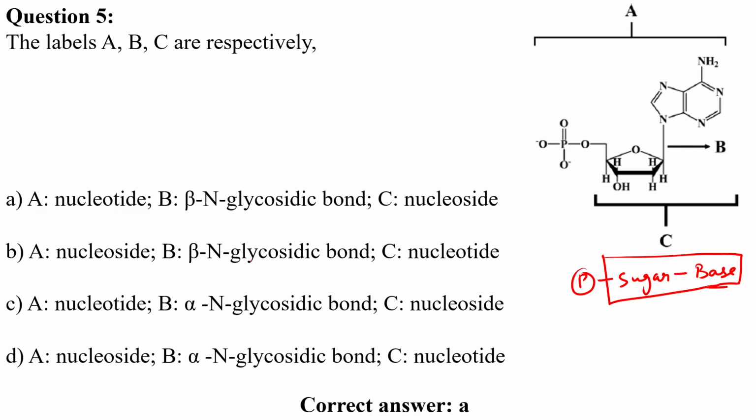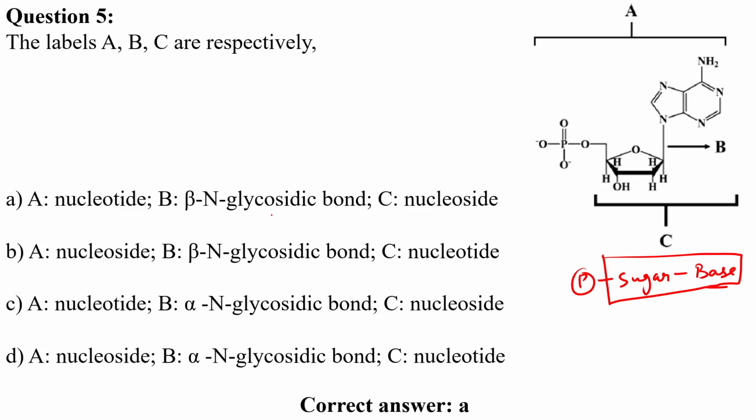About the alpha and beta glycosidic bond also, we will see in the next session how a sugar can form alpha glycosidic bond and how a sugar can form beta glycosidic bond. Okay, so these are the things that we will learn when we discuss the structures for carbohydrates.